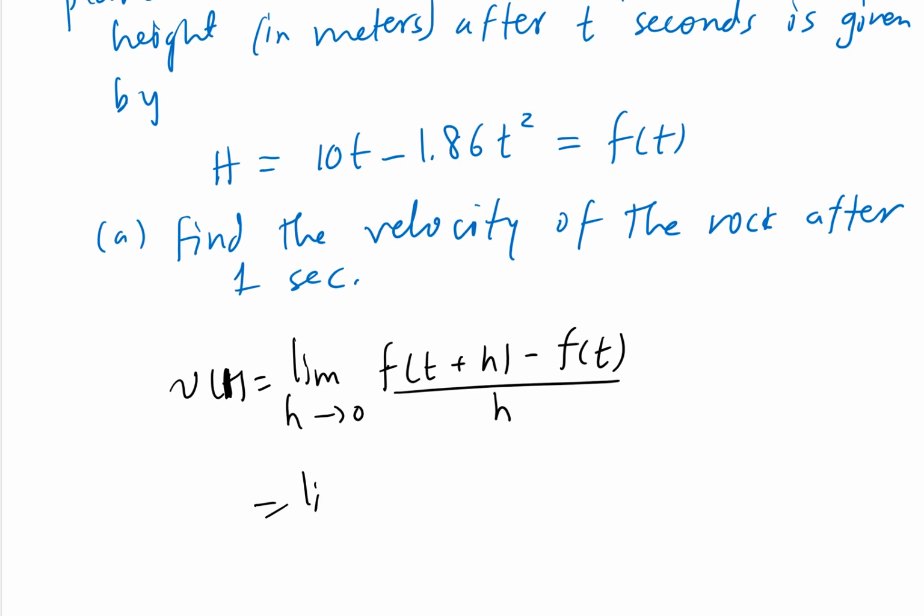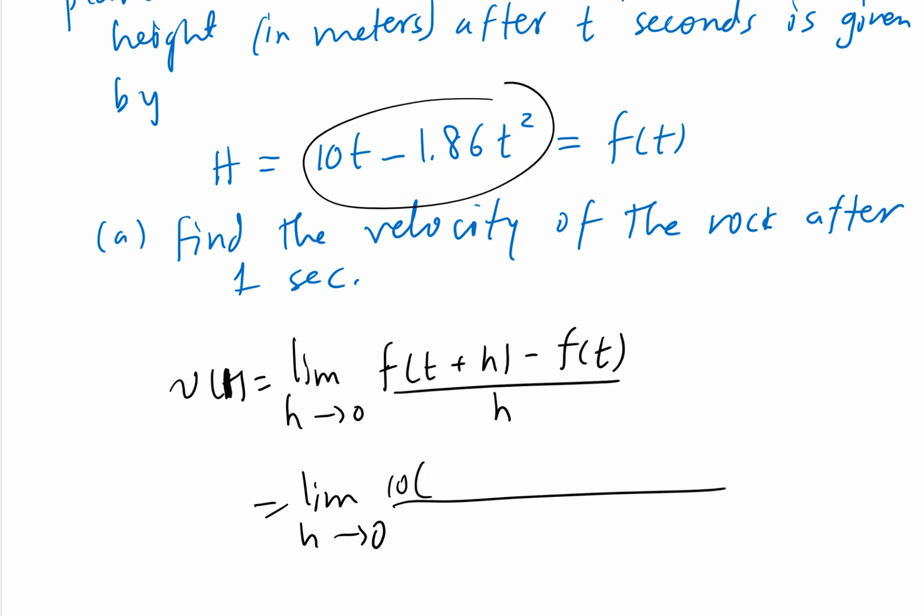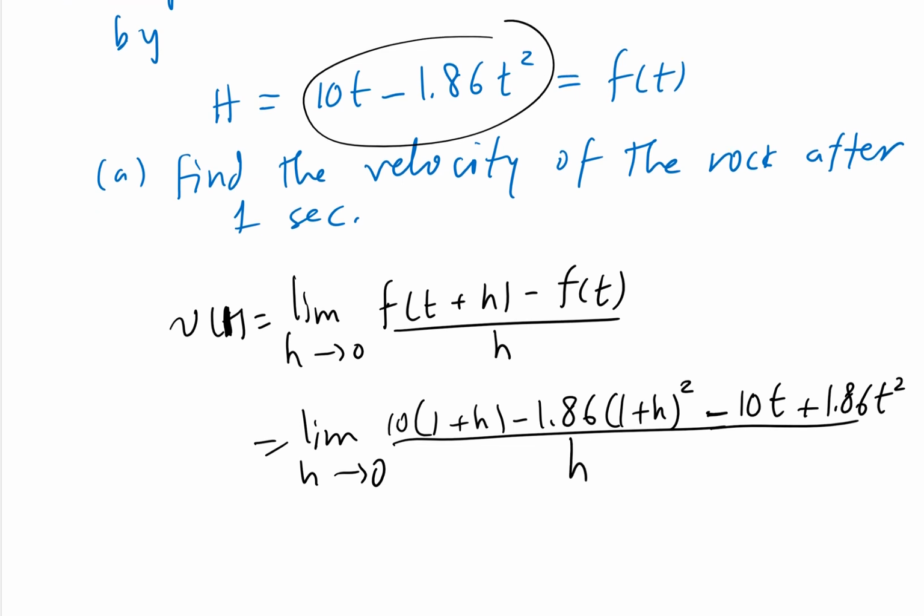So we're going to do the limit as h goes to 0. It's going to be f of 1 plus h. So substitute into the function: 10 times, instead of t, put 1 plus h, minus 1.86 times 1 plus h squared, minus the whole function, minus 10t plus 1.86t squared, all over h.